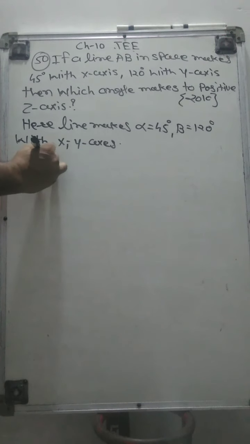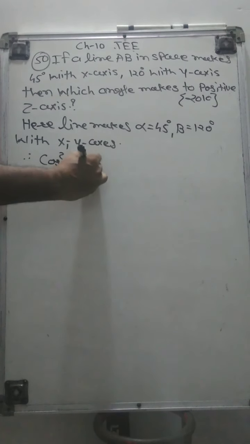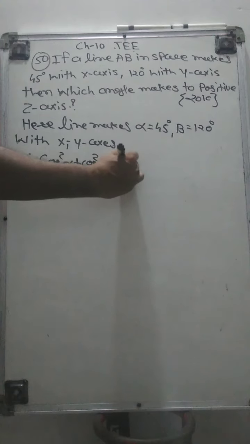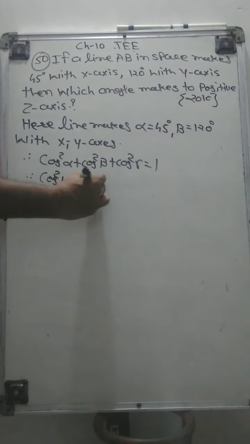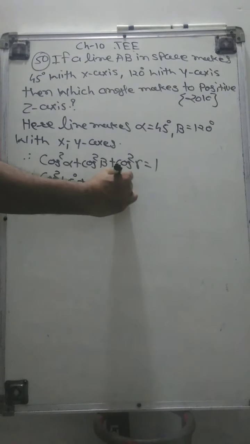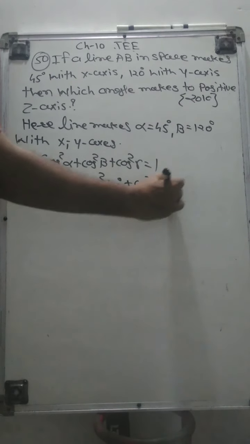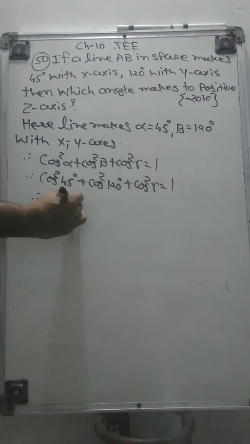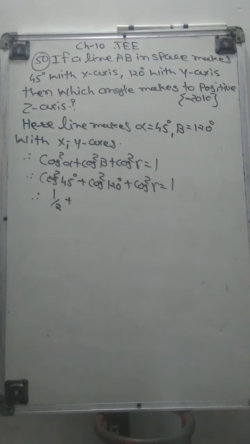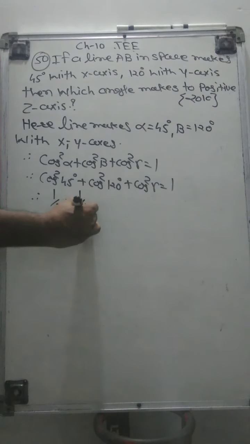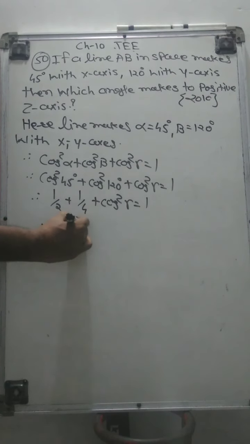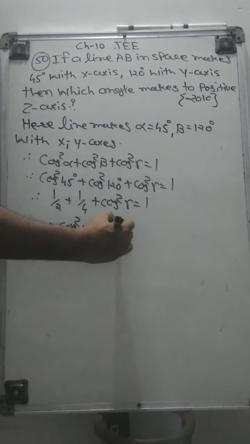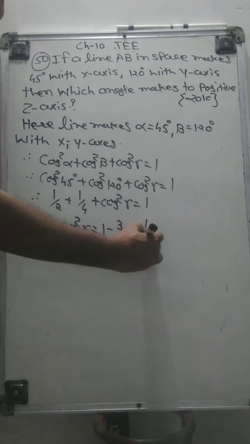Therefore, we know that cos square alpha plus cos square beta plus cos square gamma is equal to 1. It means cos square 45 degree plus cos square 120 degree plus cos square gamma equal to 1. So 1 by 2 plus 1 by 4 plus cos square gamma is 1. Cos square gamma is 1 minus 3 by 4, which is 1 by 4.